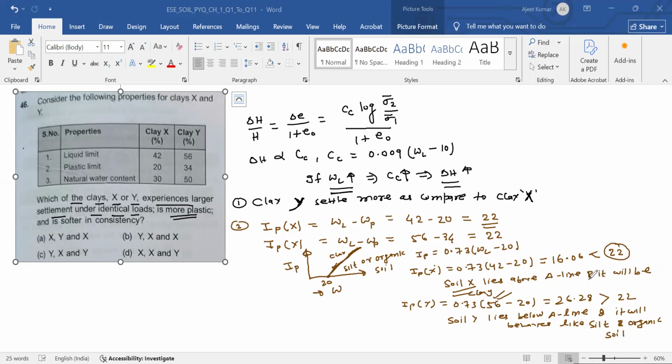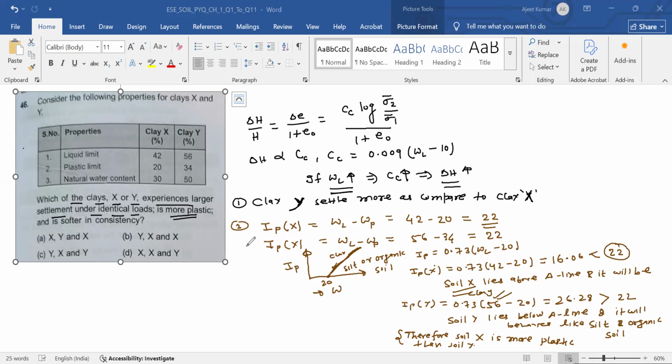Therefore, the conclusion is that soil X is more plastic than soil Y. Okay, this is second.